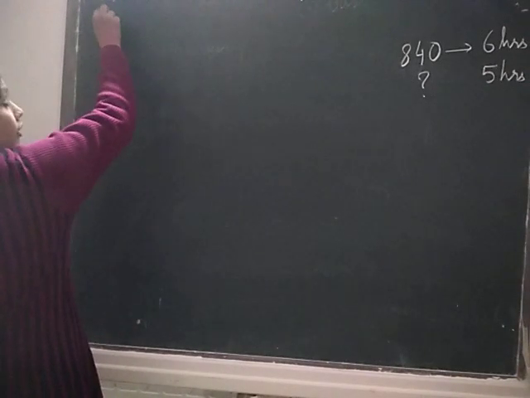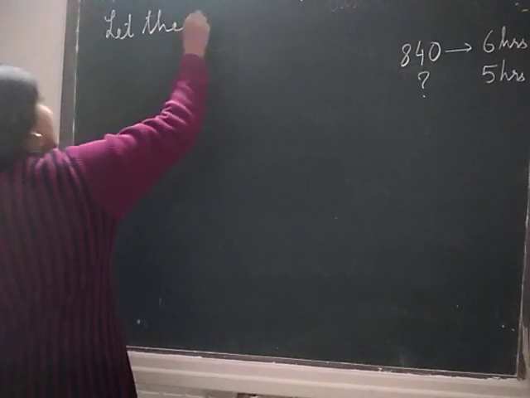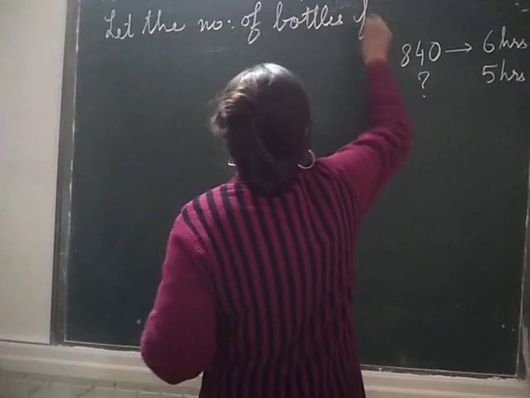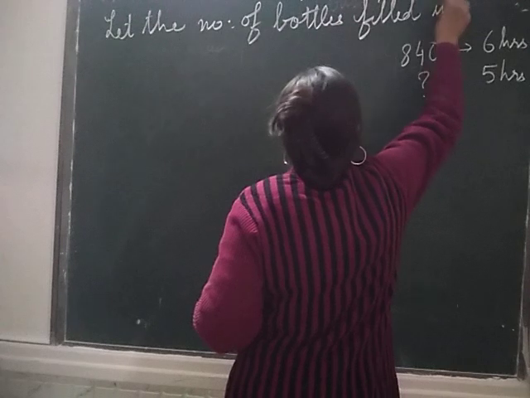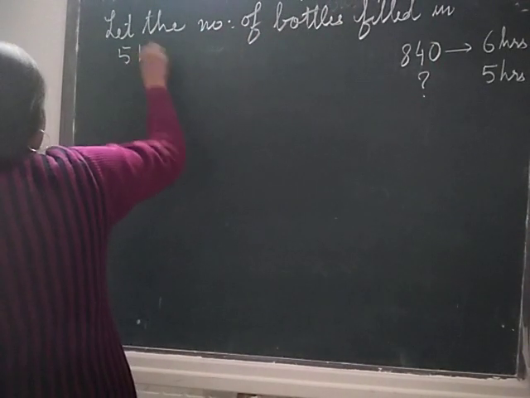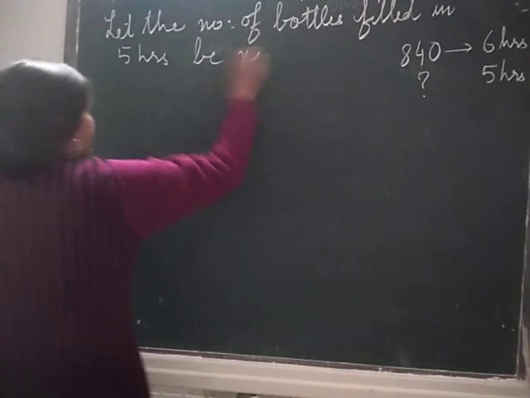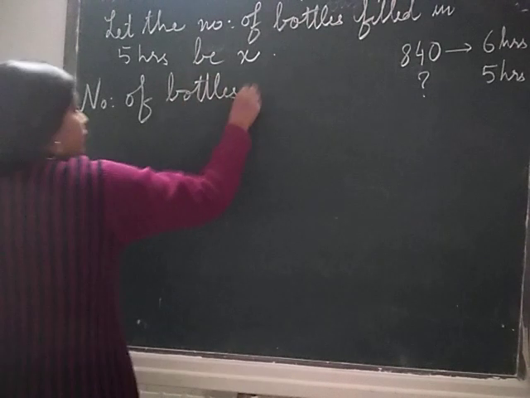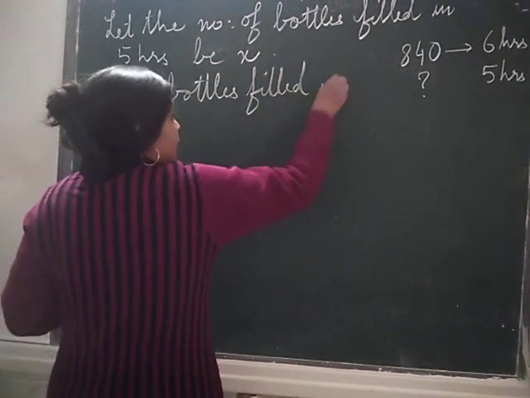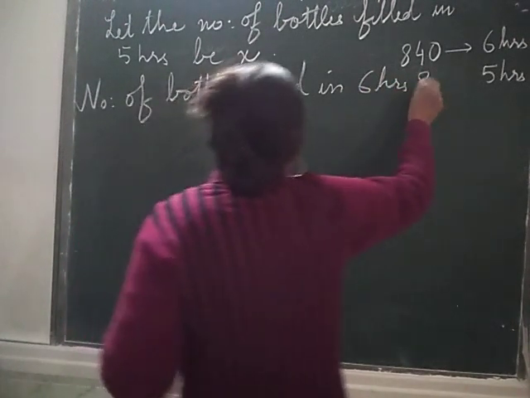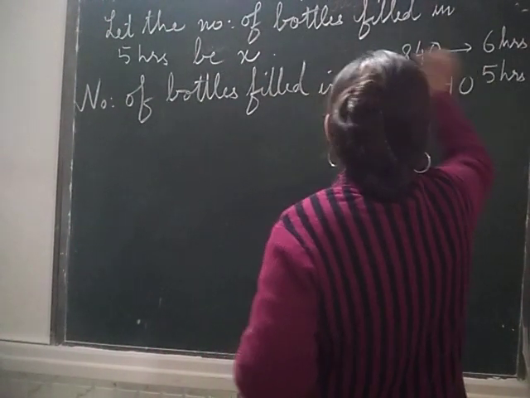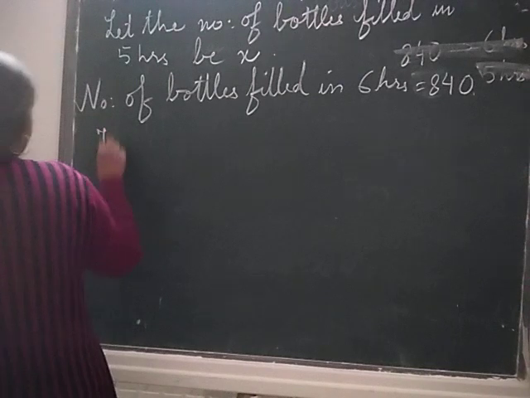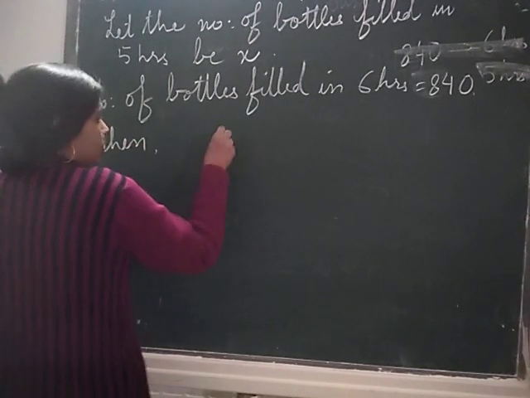First we write, let the number of bottles filled in 5 hours be x. Number of bottles filled in 6 hours is equal to 840. Then what would be the ratio?